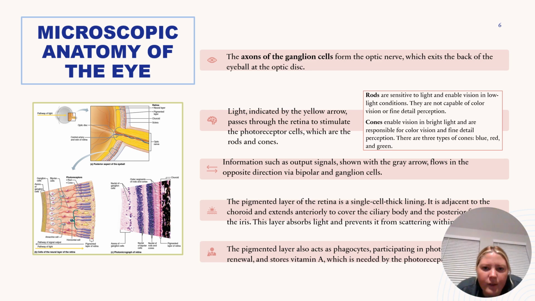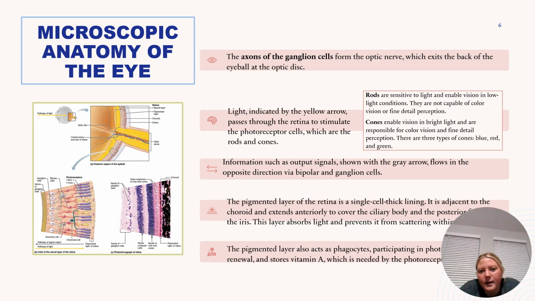Another big part of the retina is the pigmented layer. This layer is a single cell thick lining located next to the choroid. It extends anteriorly to cover the ciliary body and the posterior face of the iris. The layer plays a vital role in absorbing light and preventing it from scattering within the eye, ensuring that we have clear vision.